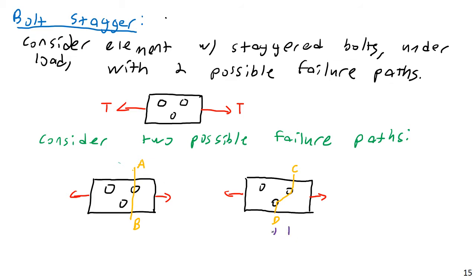S is the distance from center to center of bolts on one of the diagonals, in the direction of the tensile loading, and G is perpendicular to the tension loading. If you look at this, this is actually a bit tricky. This is a pure tension path; everything along this plane is just being pulled apart.